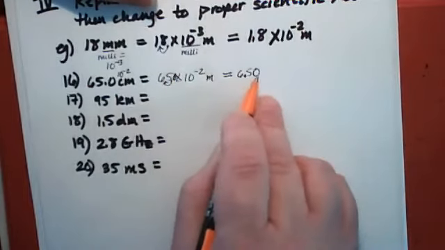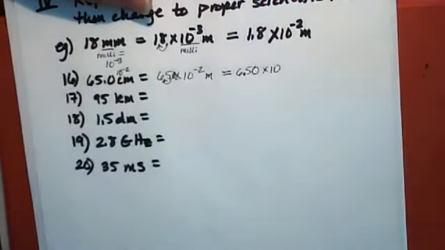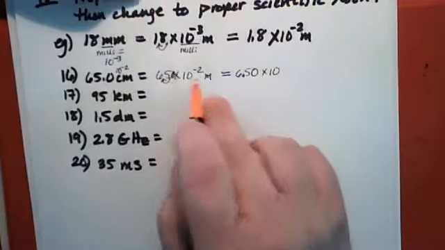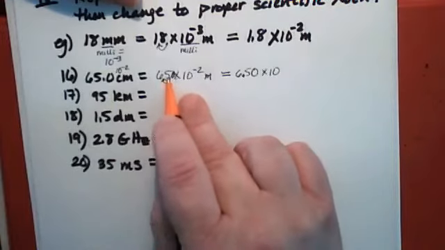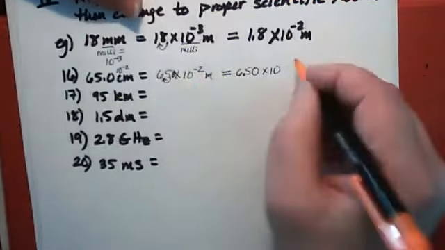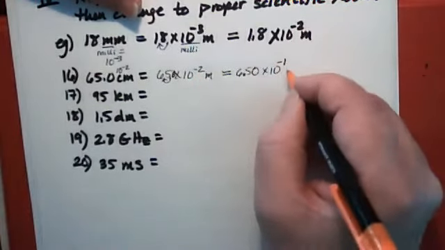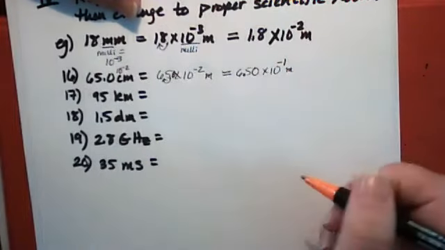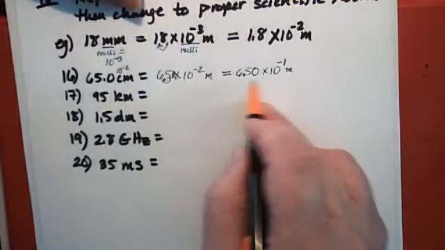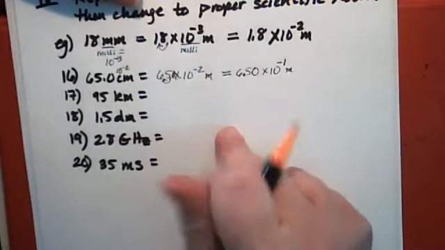And so you end up with 6.50 times 10. The power of 10 now is, since we made the number smaller by moving the decimal point, you have to make the negative 2 bigger by 1. And remember, with negative numbers, negative 1 is bigger than negative 2. Okay, so that's 6.5 times 10 to the minus 1 meters. That would be the same measurement in proper scientific notation.